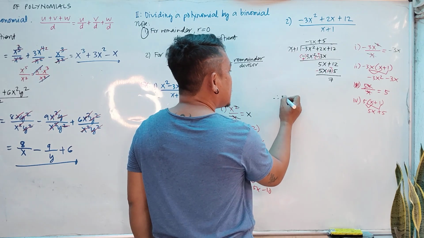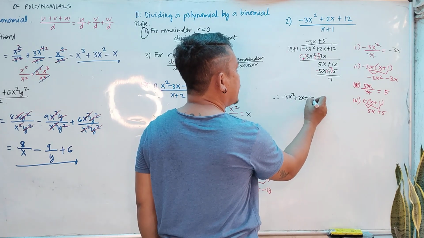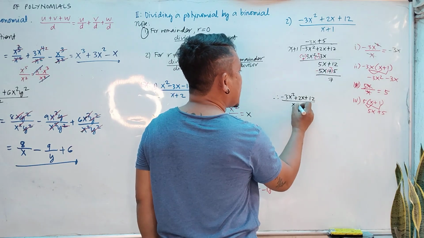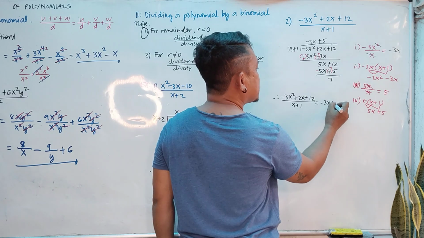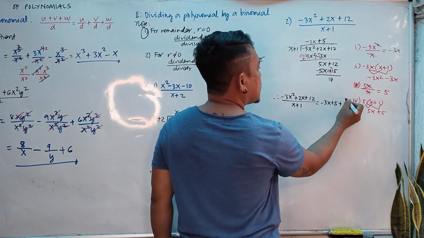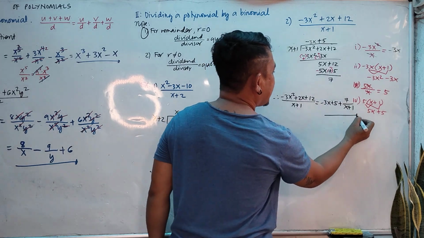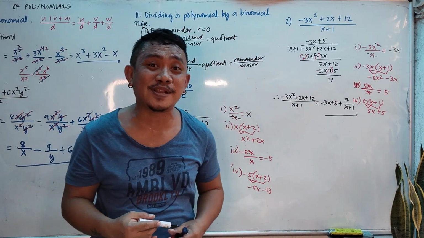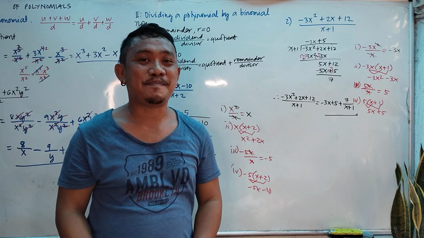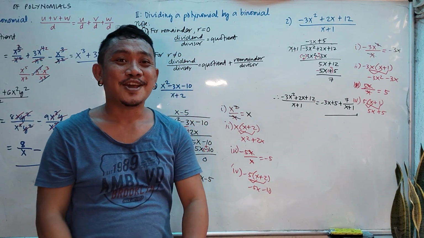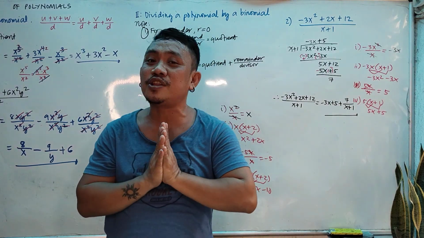Therefore, negative 3x squared plus 2x plus 12 divided by x plus 1 is equal to negative 3x plus 5 plus 7 over the divisor x plus 1. That is how we write it if there is a remainder.